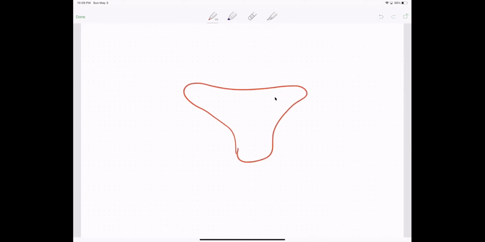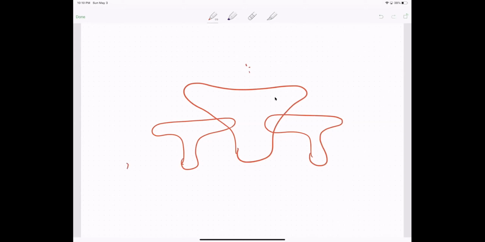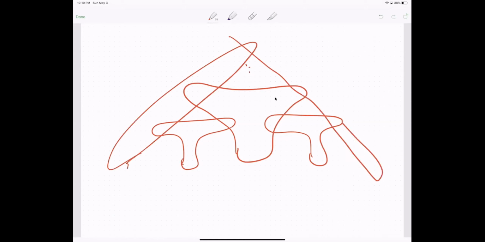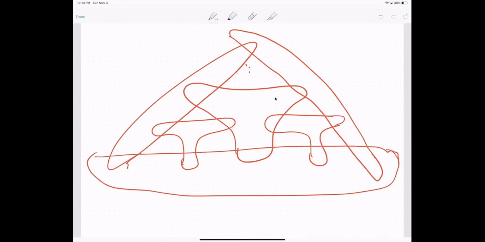I'm drawing it as a strange figure here, but in general, you can always convert them into normal disks.